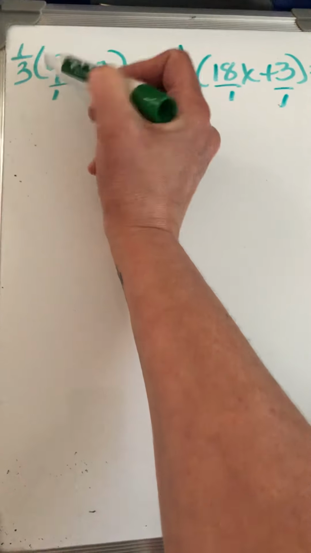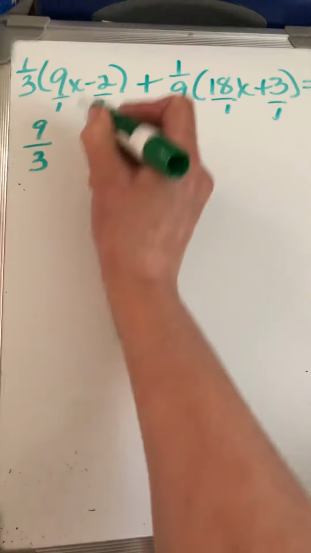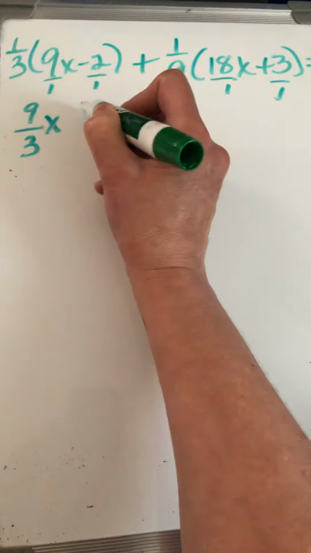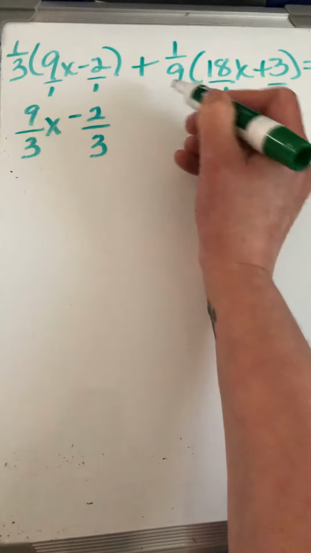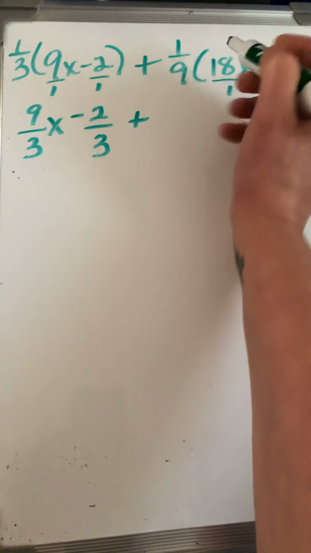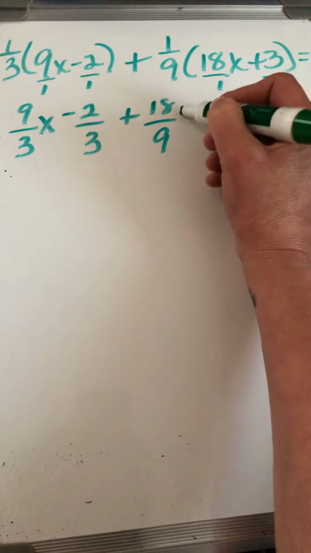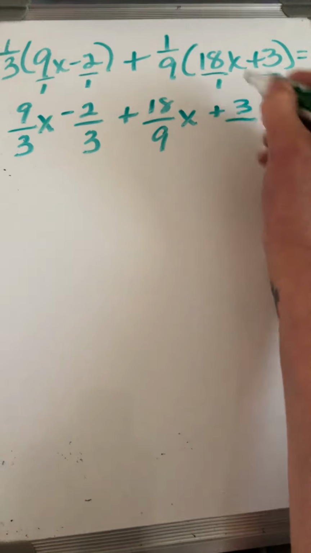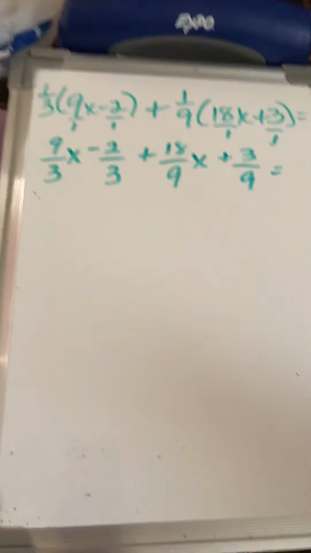And now 1 times 9, 3 times 1, the x goes with that, 1 times -2, 3 times 1, 1 times 18, 9 times 1, x comes with 1 times 3, 9 times 1. All right, so I've cleaned up my parentheses.